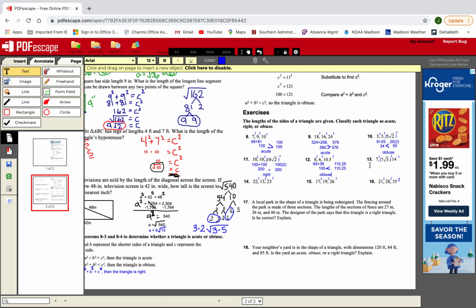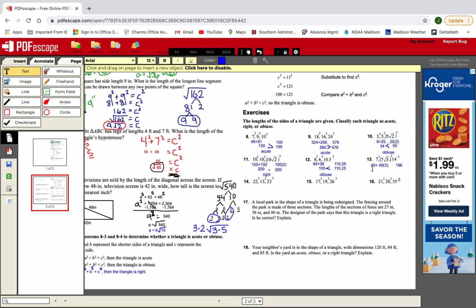Okay, continuing. a squared plus b squared equals c squared. Here I have a squared, or 7 squared, which is 49, plus 7 root 3 squared, which is going to be 49 times 3. And then 14 squared is my c squared, which is 196. Okay, so 49 times 3 is 147.